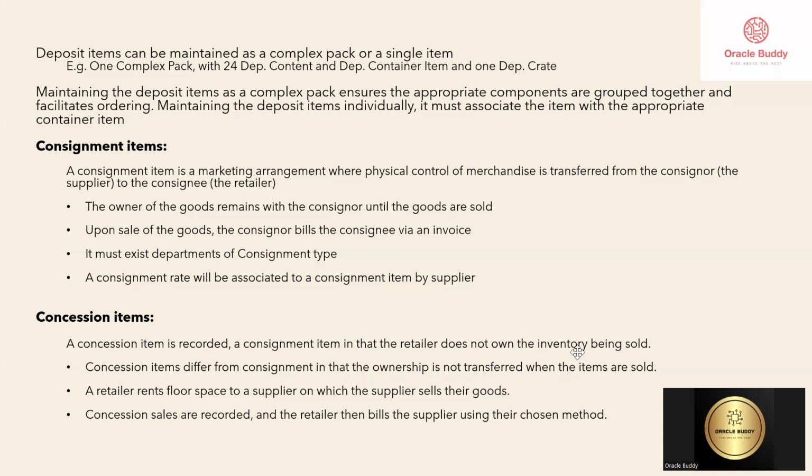will leave their items, merchandise, with a third party like a retailer, and the retailer doesn't own the stock, only the supplier leaves it with the retailer for selling. The party that sells the goods on consignment receives a portion of the profit either as a flat rate fee or commission.